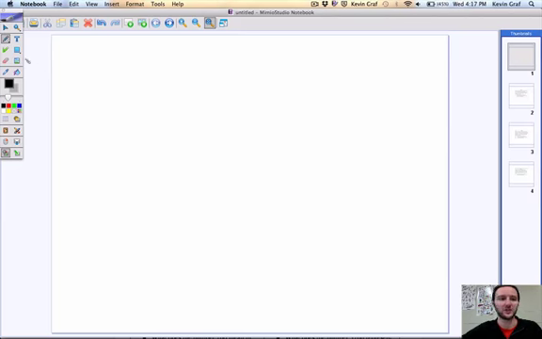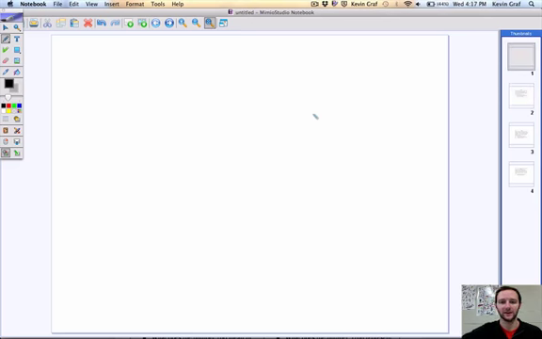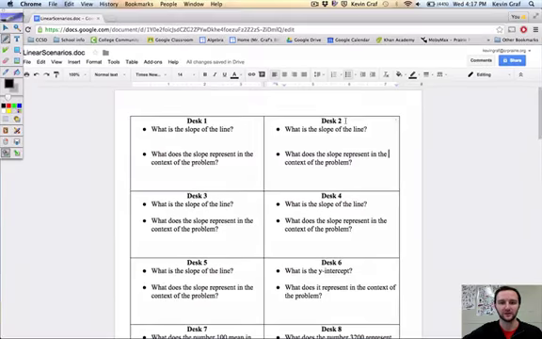So what you're gonna get here in a little bit is there are going to be little cards spread all around the room on the desks, and each card has a different scenario, and each card kind of looks something like this. It'll have this little scenario on it, and you will also have a Google Doc that goes along with this.